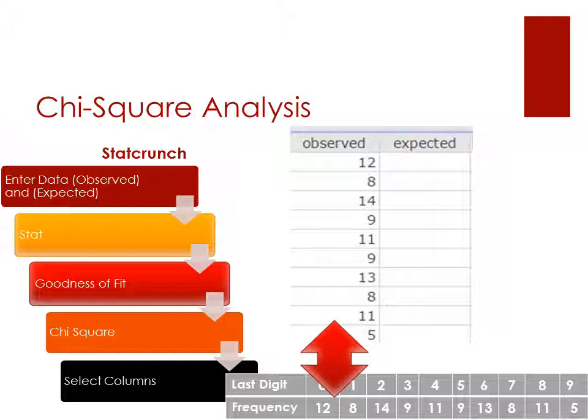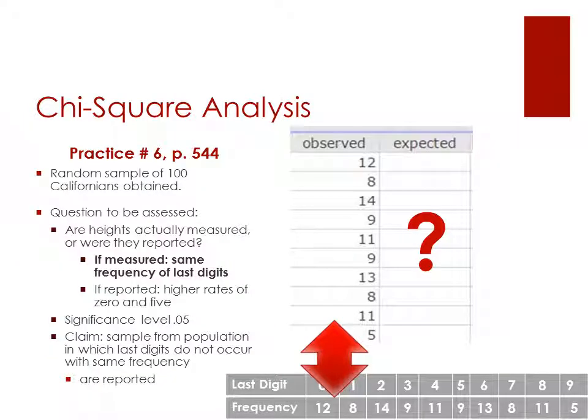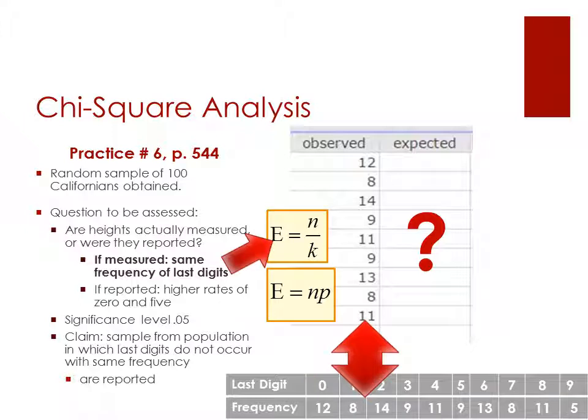And the next thing we have to do is calculate what is going to be our expected value. So if we go and look at our problem here, we can see that if our null is true, so if it's measured, right, then we would expect the same frequency of all last digits. So that means we're going to use this approach of n divided by k. So in this particular example, we have a random sample of 100.